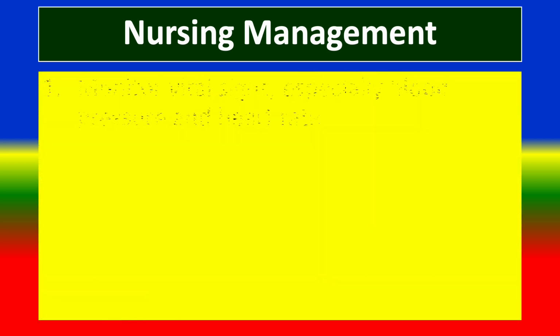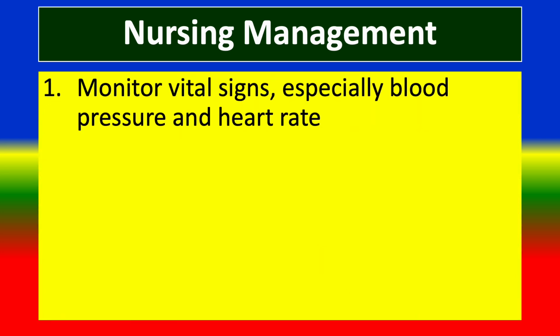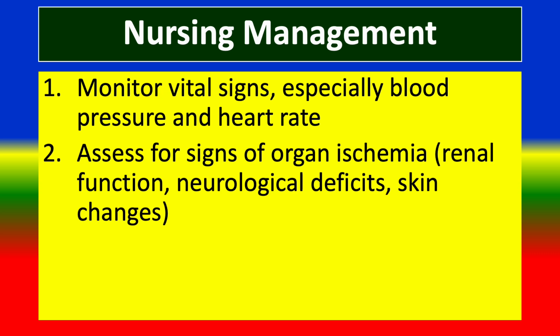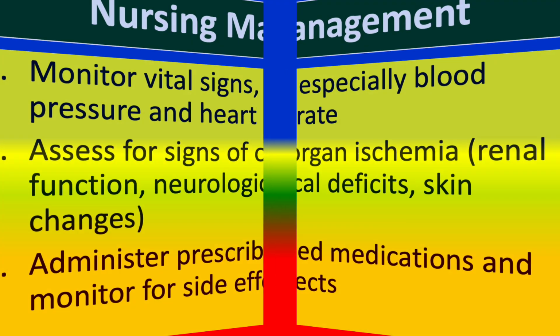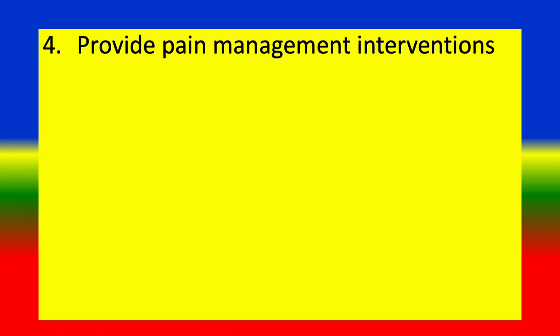Nursing management. 1. Monitor vital signs, especially blood pressure and heart rate. 2. Assess for signs of organ ischemia: renal function, neurological deficits, skin changes. 3. Administer prescribed medications and monitor for side effects. 4.